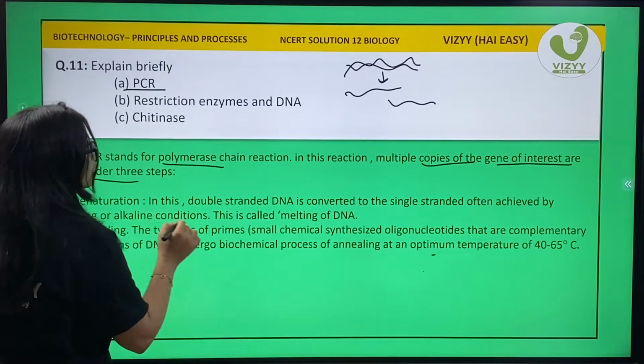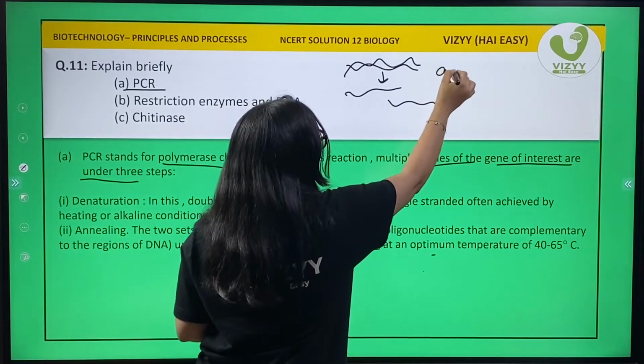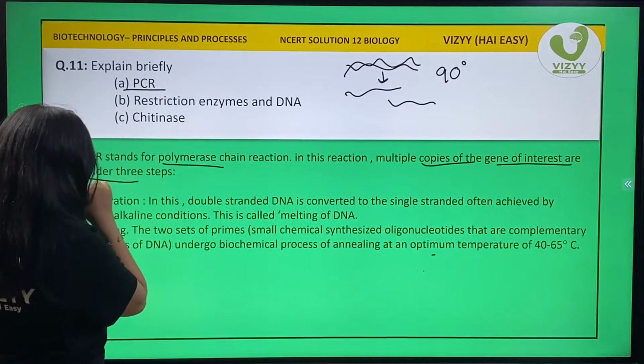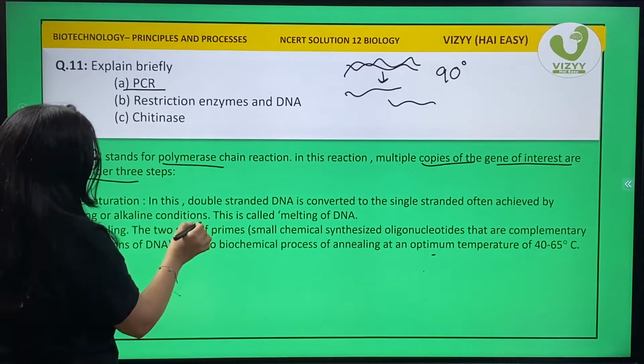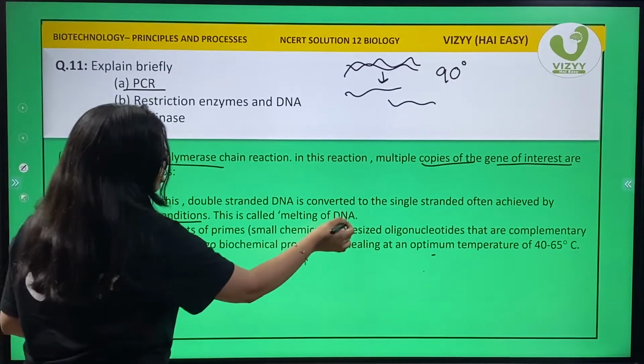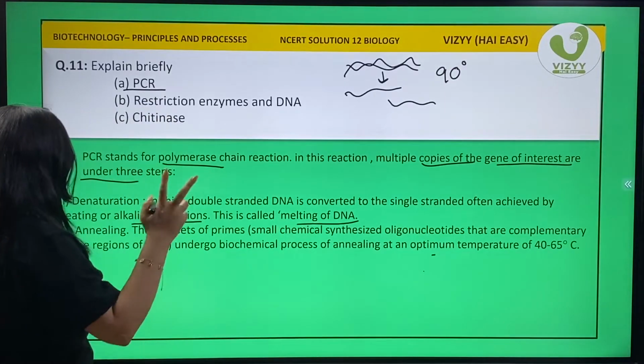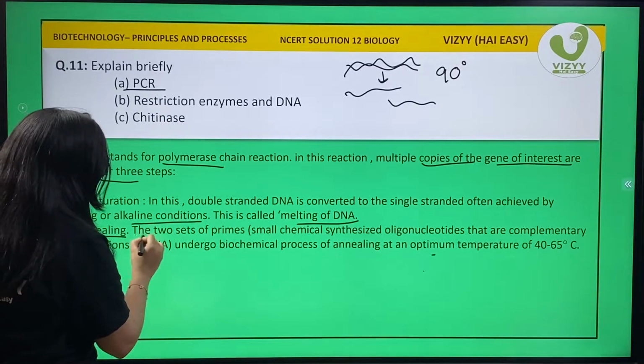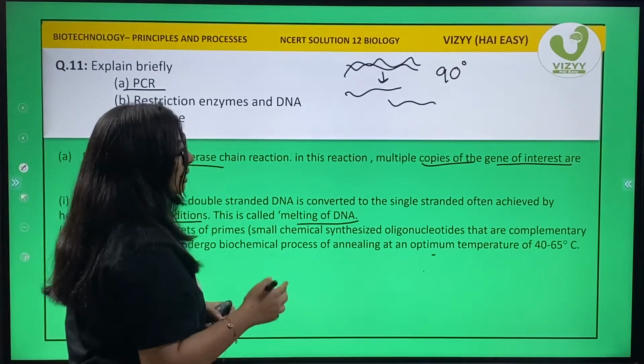Now, how is it done? It is done by heating it or creating alkaline conditions. This is known as melting of DNA. The second step is annealing. Annealing involves 2 sets of primers.